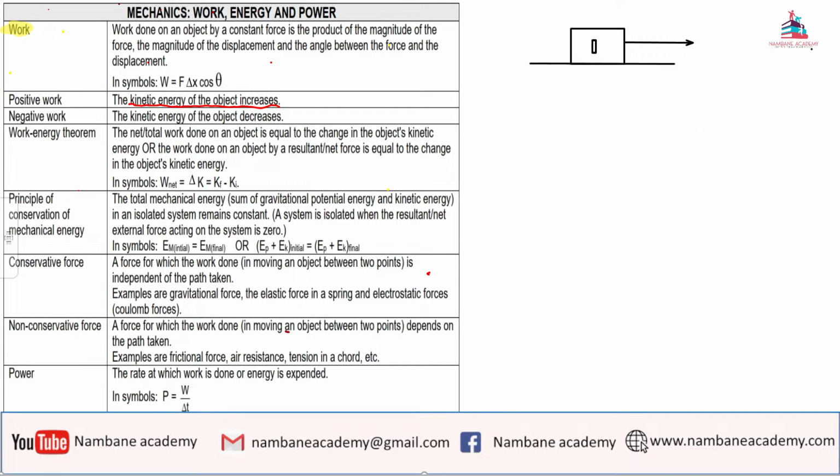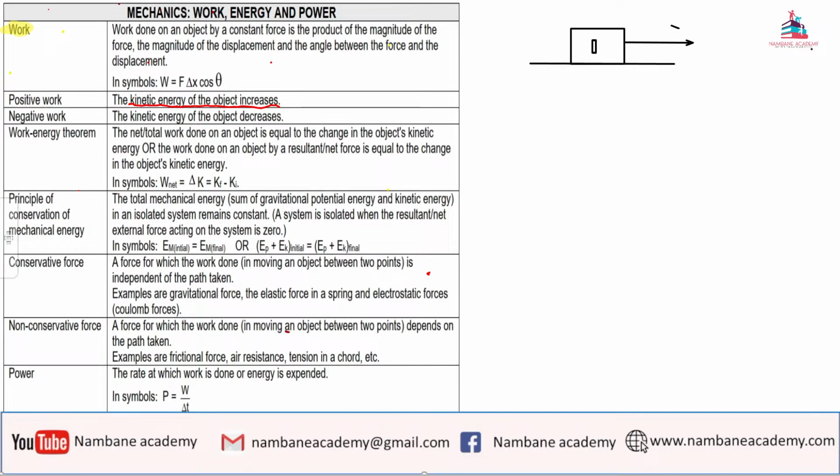But in this instance, I want us to introduce friction. So I must say here we have friction. It says the total work done on an object is equal to the change in the object's kinetic energy. The total work done on an object is equal to the change in kinetic energy of an object.